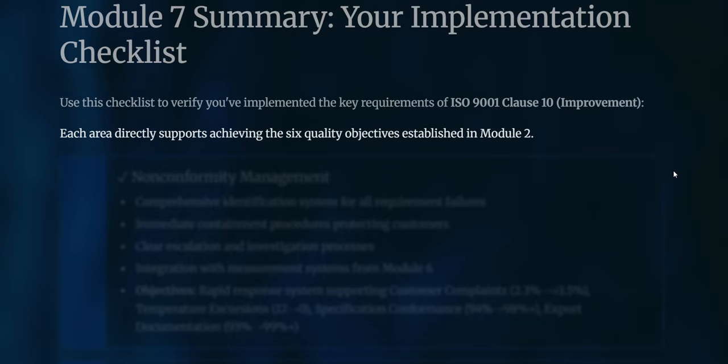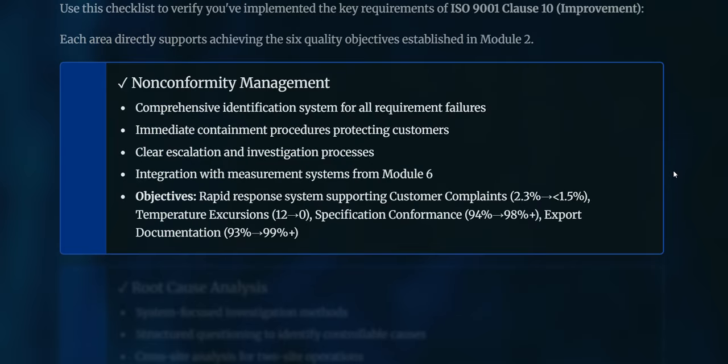Each area directly supports achieving the quality objectives we have established in our case study, and you can translate that to your organization. First, check the implementation of nonconformity management, and that must cover a comprehensive identification system for all requirement failures, immediate containment procedures protecting customers, clear escalation and investigation processes, and integration with the measurement system from Module 6.